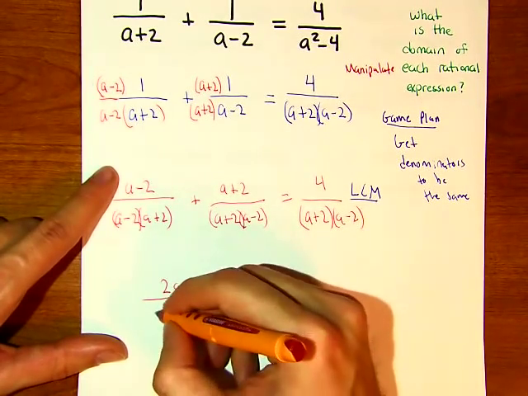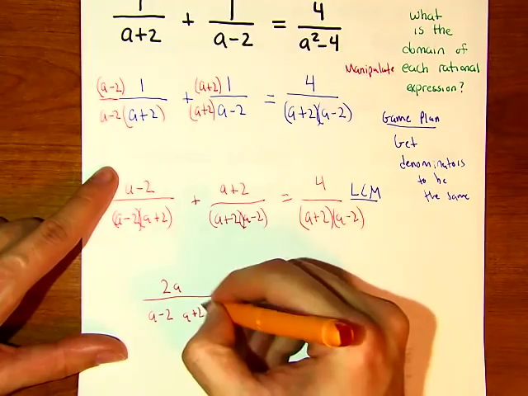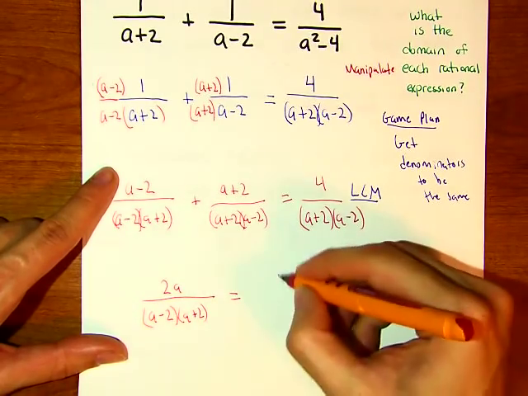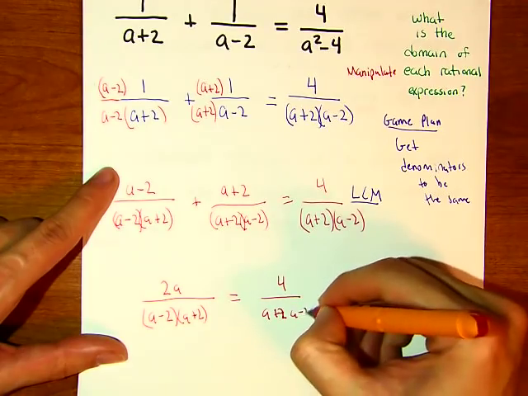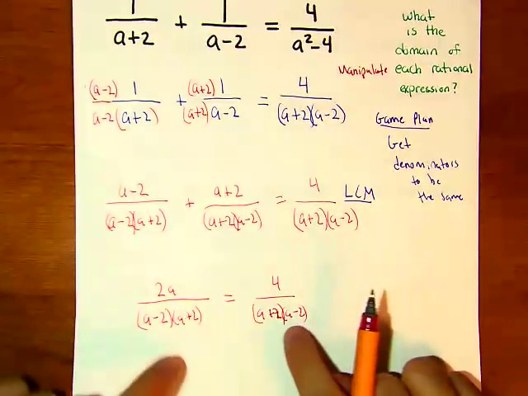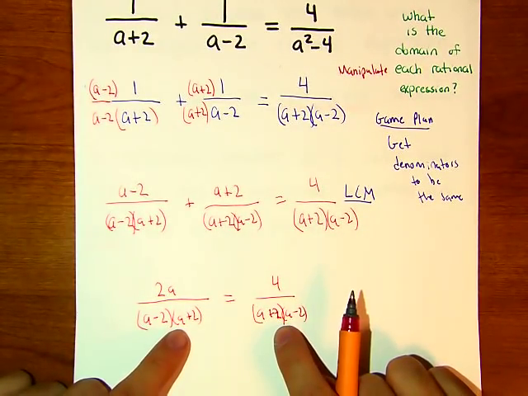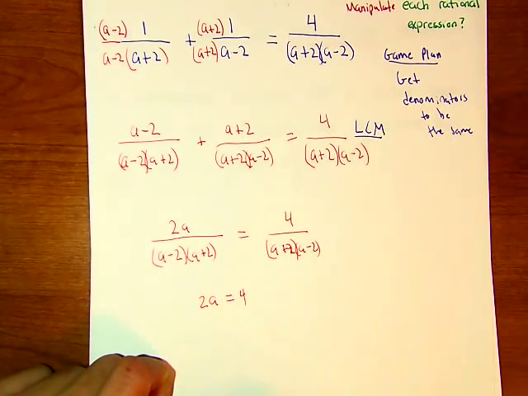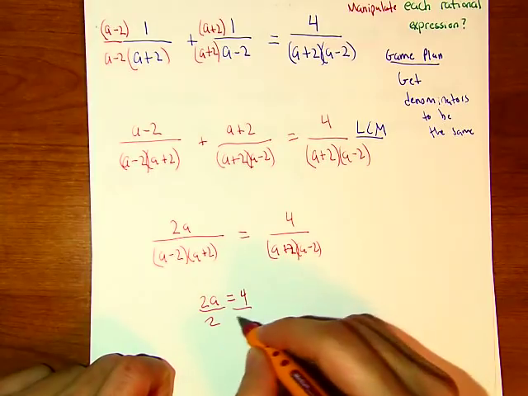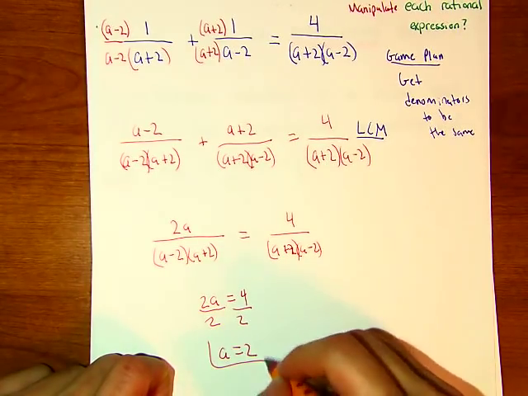So this is a minus 2, a plus 2, the denominator stays the same, is equal to 4 over a plus 2, a minus 2. And now we play that game that because the denominators are the same here, that means that 2a is equal to 4. So divide by 2, a is equal to 2.